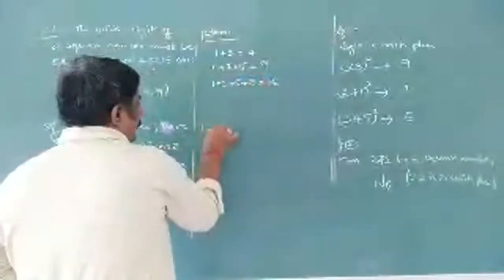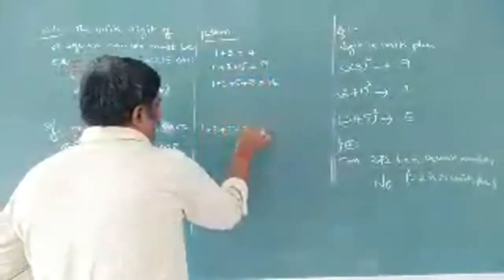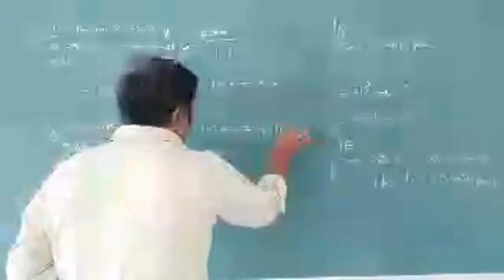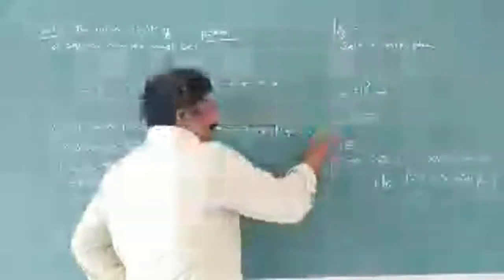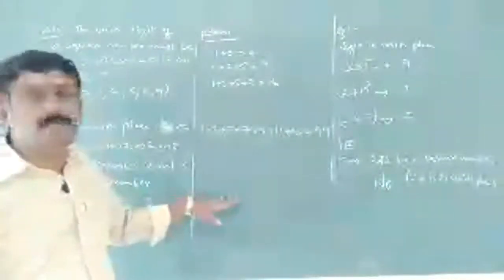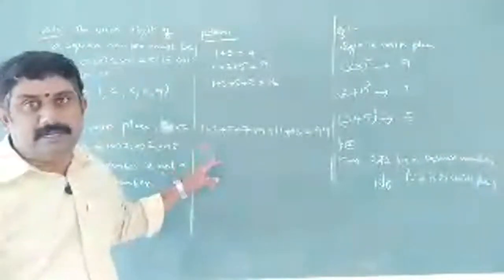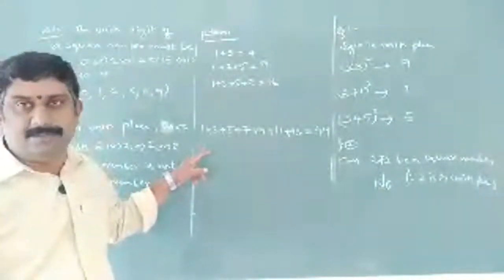Suppose I am writing 1 plus 3 plus 5 plus 7 plus 9 plus 11 plus 13. How much is it going to be? It is nothing but 49. So without doing any addition, directly we are telling it as 49. How is it? We have a general formula for the sum of consecutive odd numbers starting from 1.